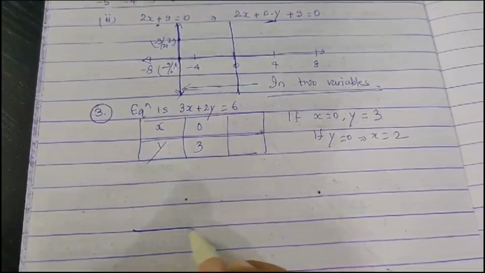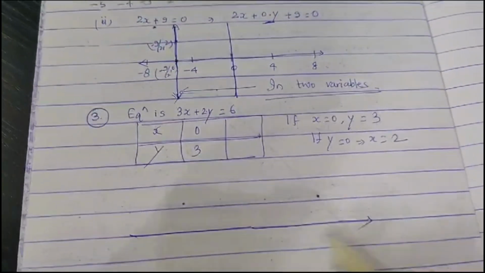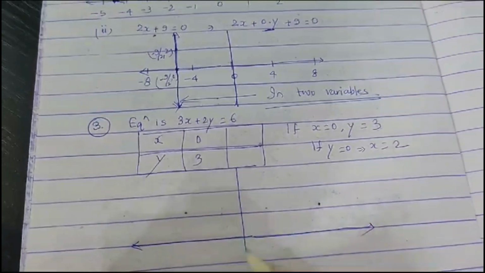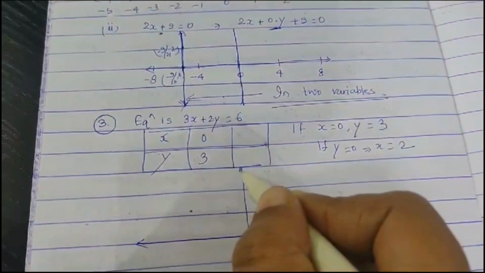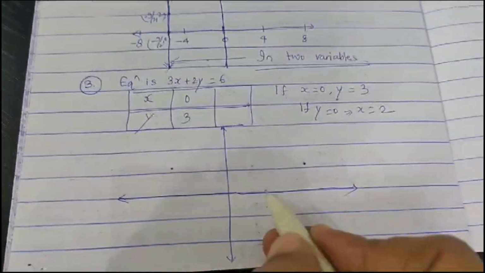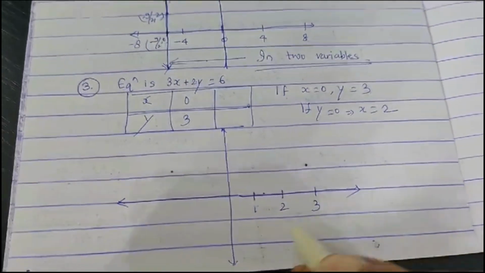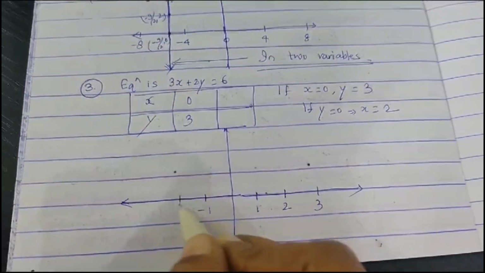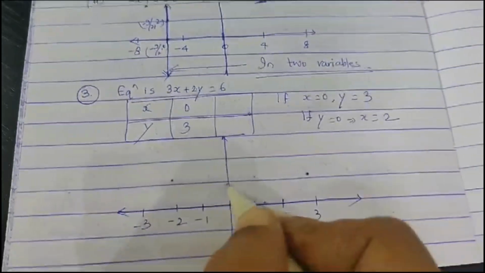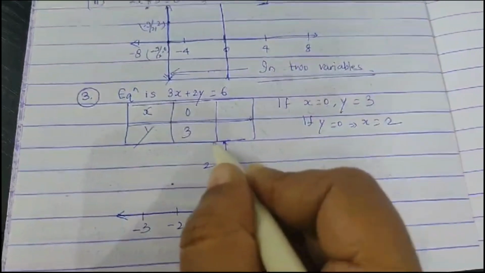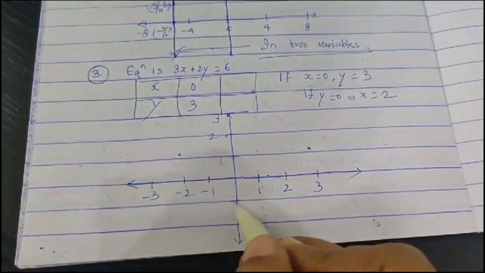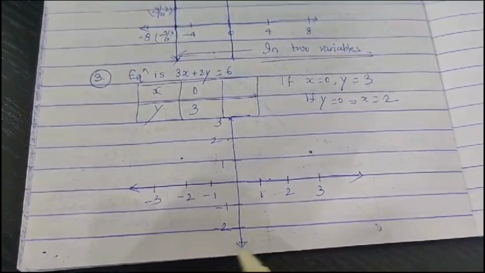Now we will draw the graph. This is 1, this is 2, this is 3, like this. Minus 1, minus 2, minus 3, 1, 2, 3, minus 1, minus 2, minus 3.